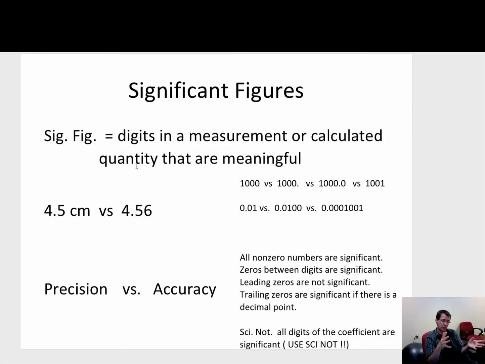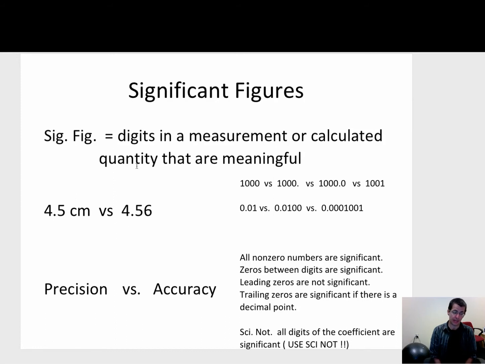That's sort of an artificial constraint, but in many measurements, we're really limited by the number of significant figures. So in this particular example, 4.5 centimeters versus 4.56, again, the paperclip example, we can't say that it's 4.56. We're limited to 4.5 centimeters by our measurement. Now, if we get out our calipers, a more highly calibrated measuring device, one that is more precise, we can maybe obtain a measurement with a greater number of significant figures, 4.56.